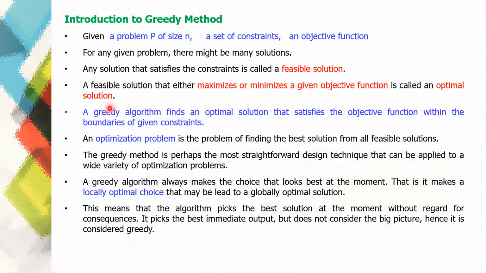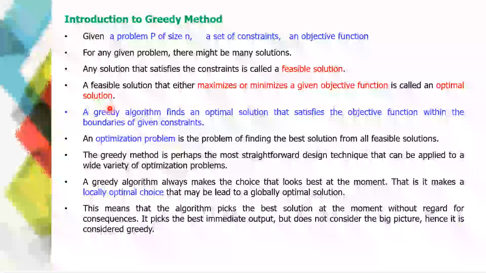The objective function is that you want to do so with minimum cost. Traveling from home to college is the problem, traveling time 60 minutes is the constraint, and the objective function is to minimize the traveling cost.